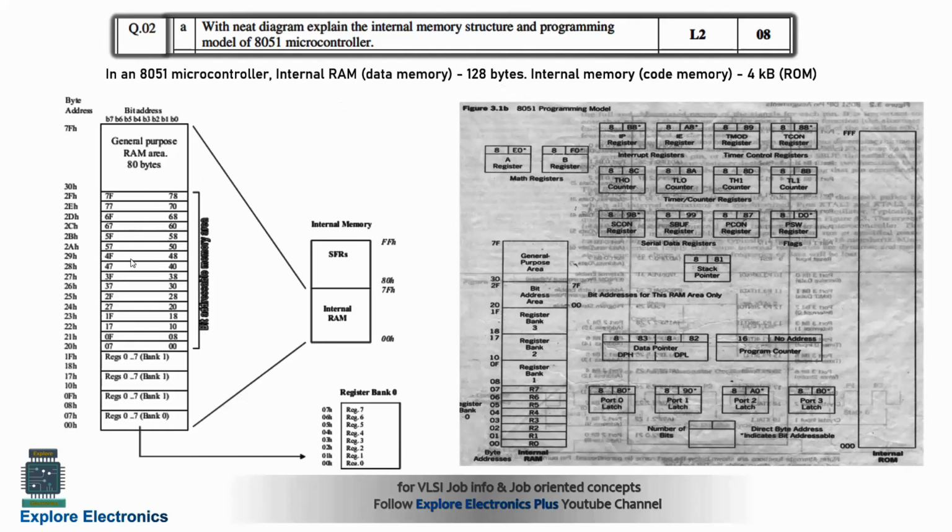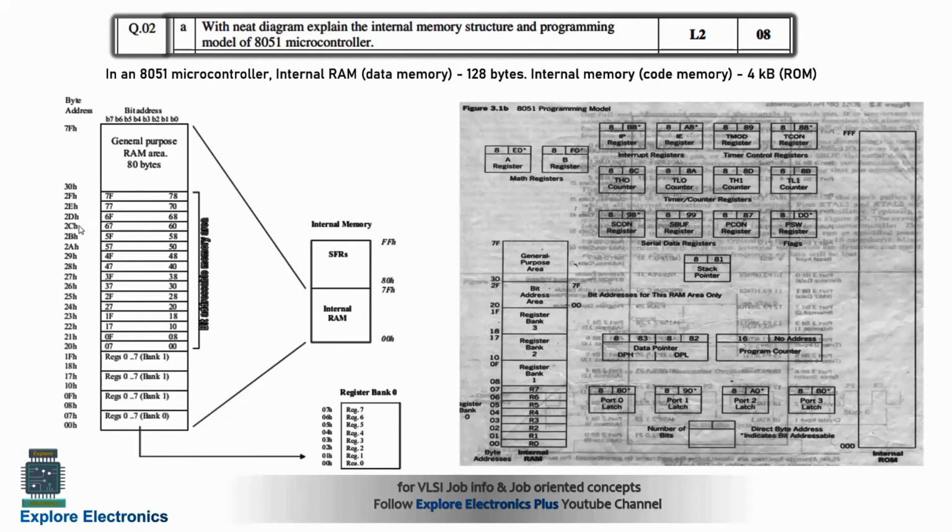So each and every location in the memory can store 8 bits of data. That's why it has 128 locations, and each location carries 8 bits, that is a byte. And these bytes in the RAM are bit addressable, meaning the address of each and every bit is available. You can fetch a particular bit from a location.